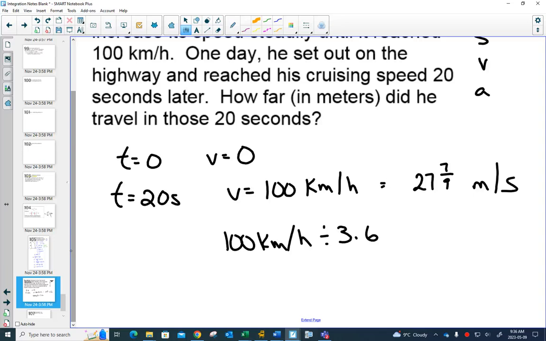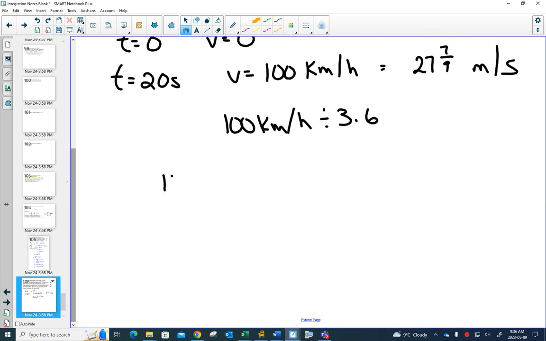Now, if you don't know the 3.6, what do you have to do? You have to convert. We start off with 100 kilometers per hour. Something useful for converting anything is that you can always multiply by 1.